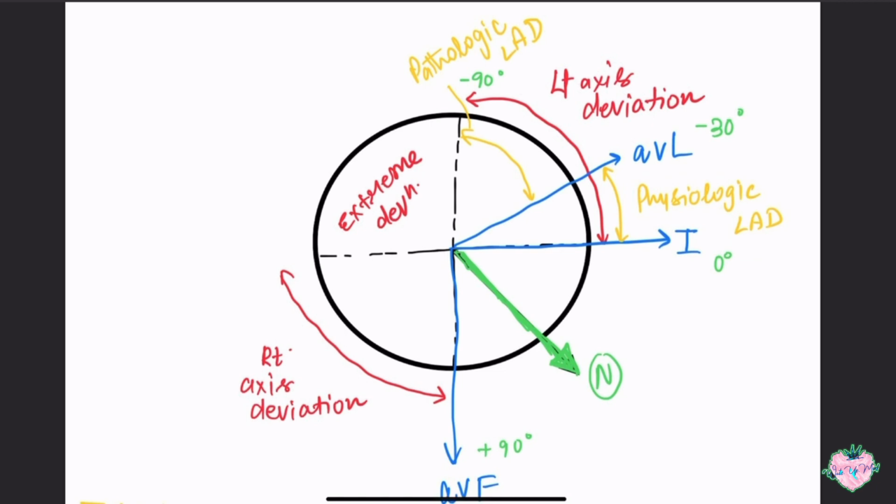Now if there is a deflection from minus 30 to minus 90, we will call it a pathologic left axis deviation. The deviation in this area, anywhere in this area, is a matter of concern.